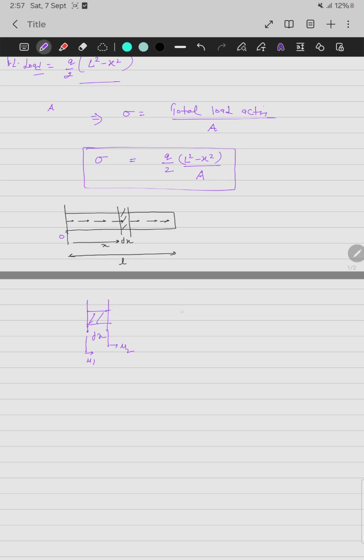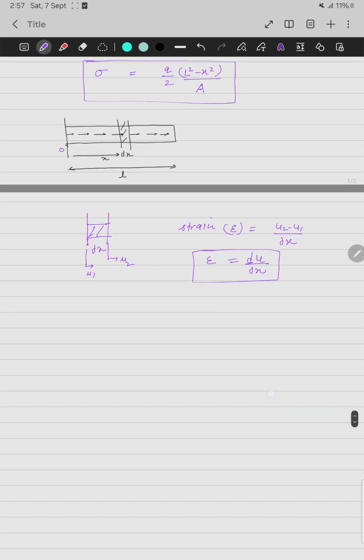So if we calculate strain, we can write strain, small e, as u2 minus u1 divided by del x, or we can write it as du by dx. This is our strain for this one dimensional bar element.